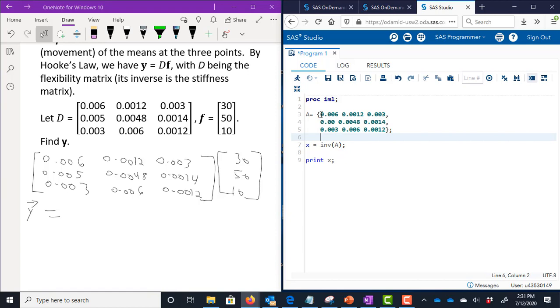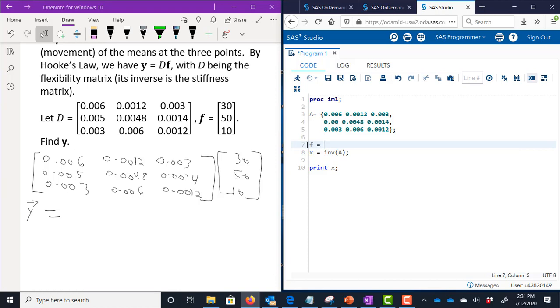And then we want to define that vector f as that particular vector. So this should be listed out as 30, 50, and 10.